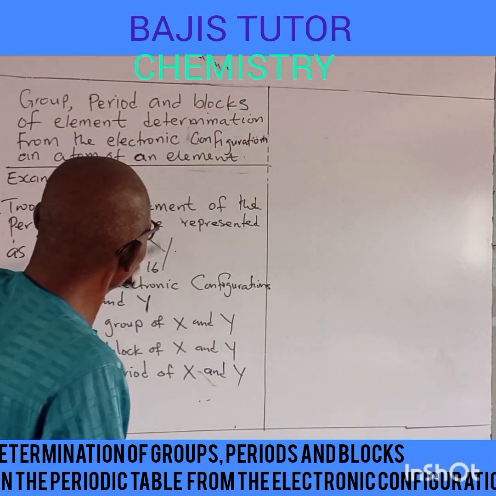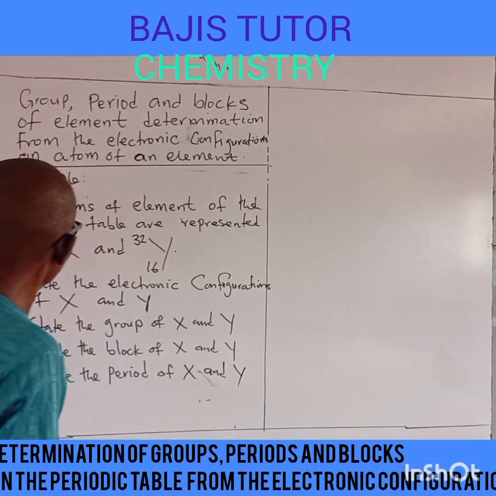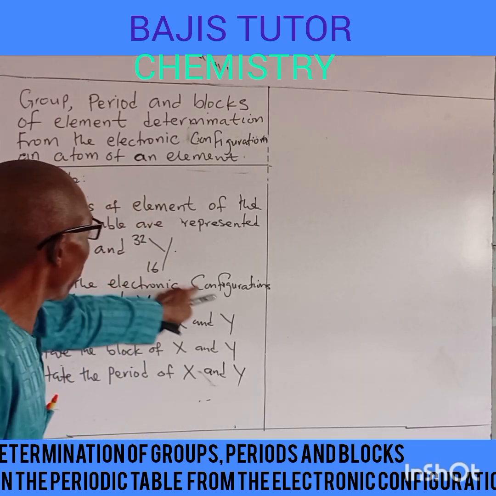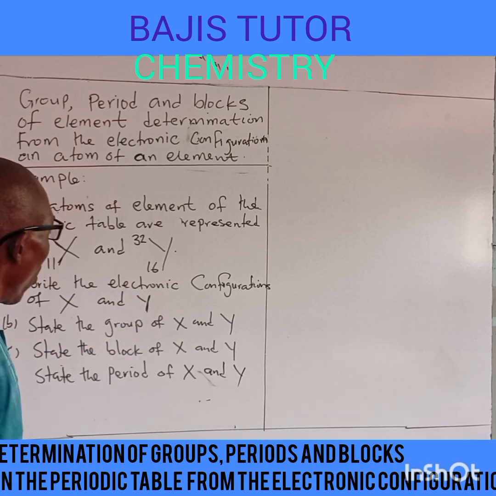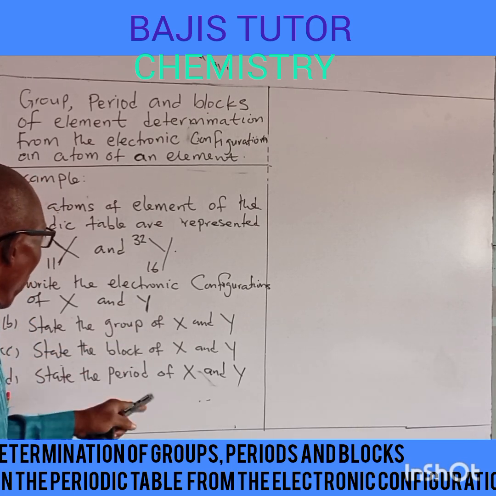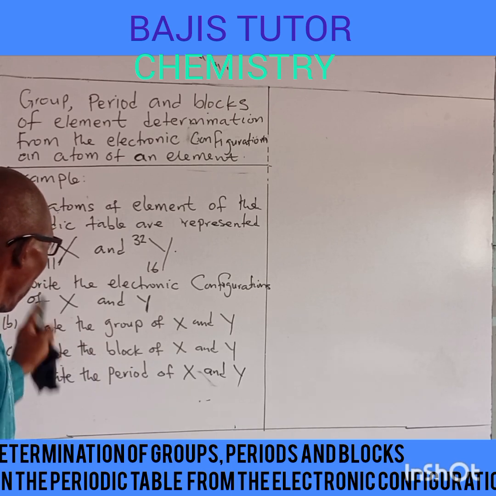The first question is: write the electronic configuration of X and Y. State the group of X and Y, state the block of X and Y, and state the period of X and Y.